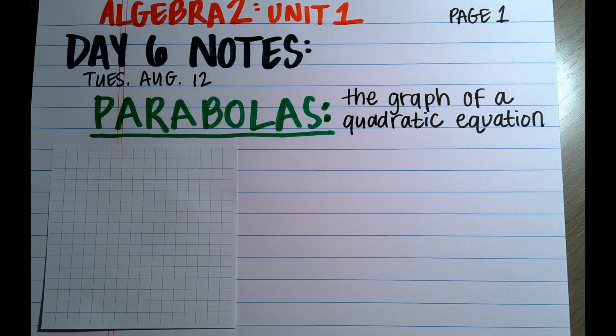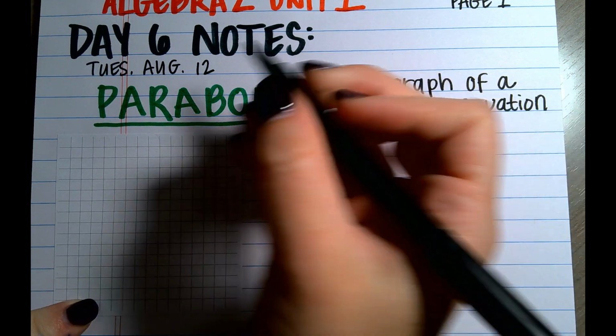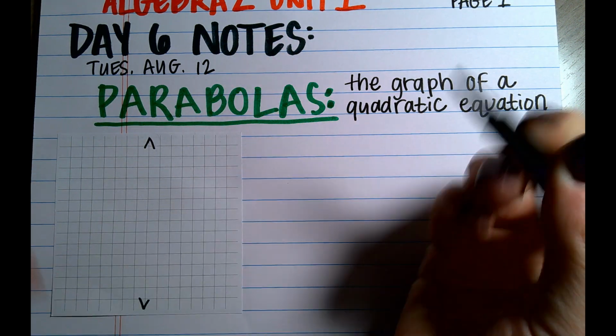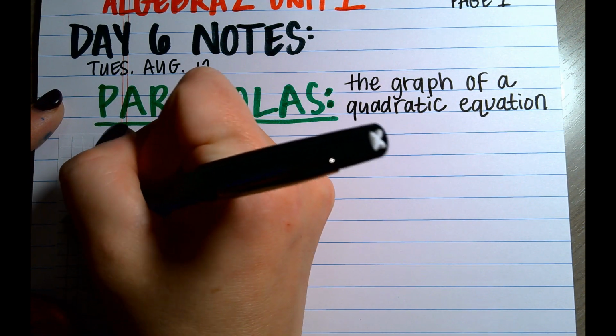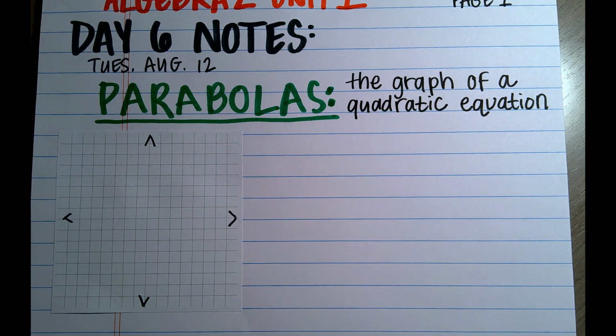So first, before we ever graph anything, we need an x-axis and a y-axis. So I'm going to start with my arrows. And I will connect those with my ruler.